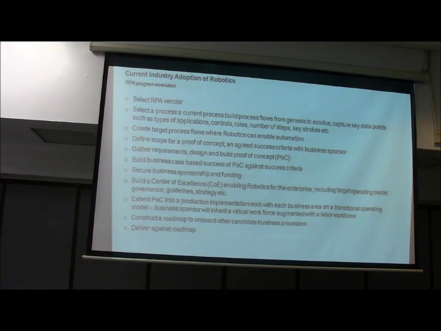Once we've got the design and build, we build the proof of concept in a development environment using the target RPA vendor. Once we're done there, we build the business case, measure the success against the business criteria, present it to the business and secure business sponsorship. Remember, the business sponsor is still skeptical at this stage.